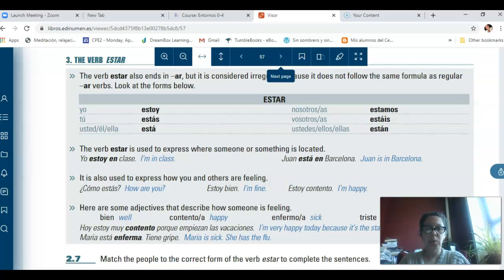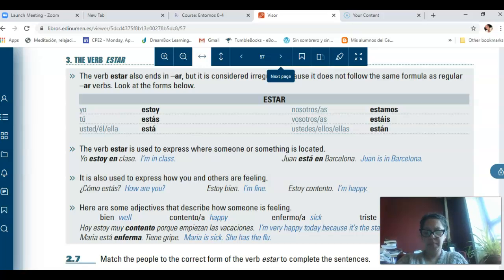Estoy contento. If we want to express the opposite, I'm going to say estoy triste. Estoy triste. If I want to say that I'm well, I'm going to say estoy bien. Or if I want to say that I'm sick, I'm going to say estoy enferma.